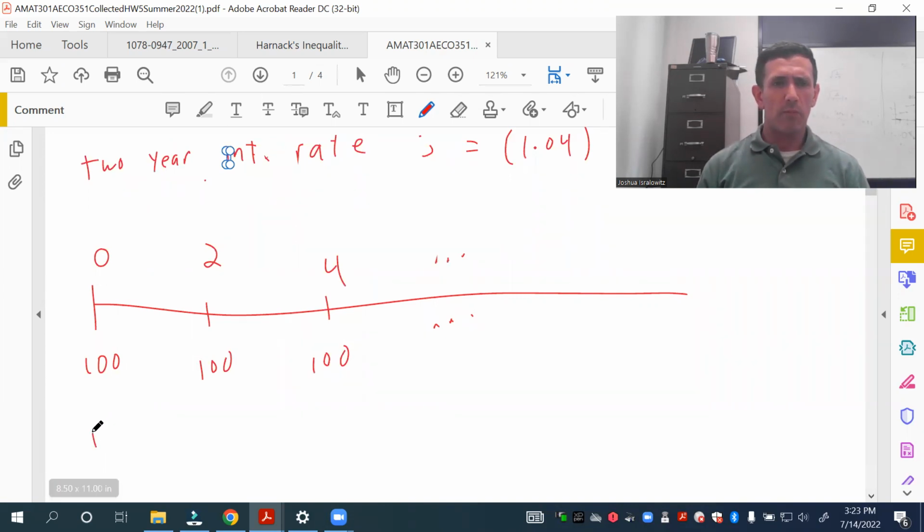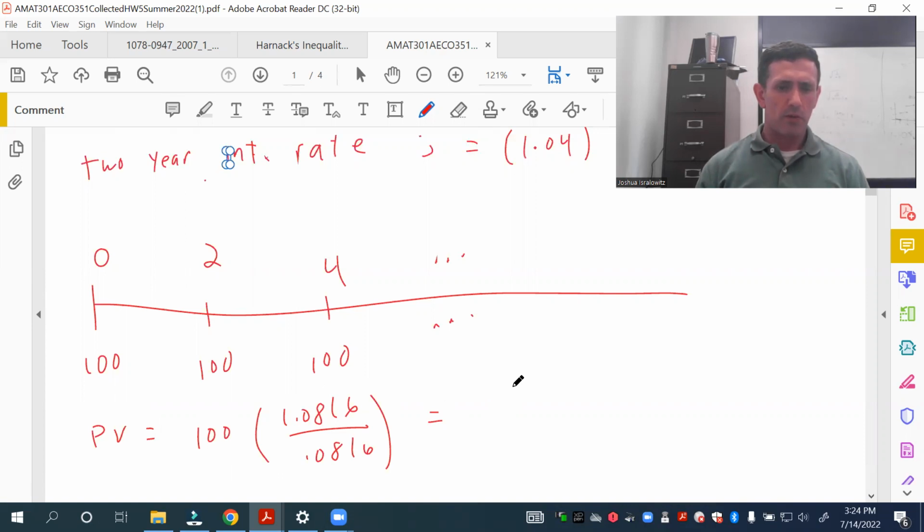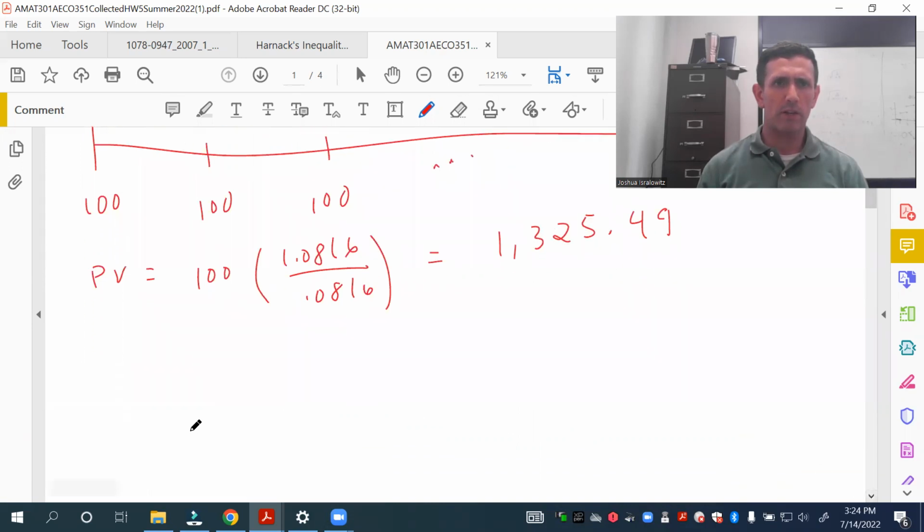So the present value formula is going to be 100 times 1 plus your interest rate, 1.0816, over your interest rate. And that is 1,325.49. I'm going to add this to the other present value, so I'm not going to do any manipulations with this. I don't need to round any further than to the nearest penny.